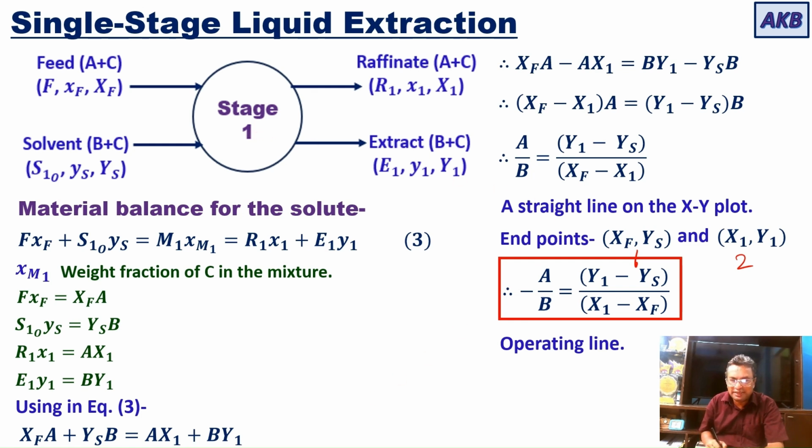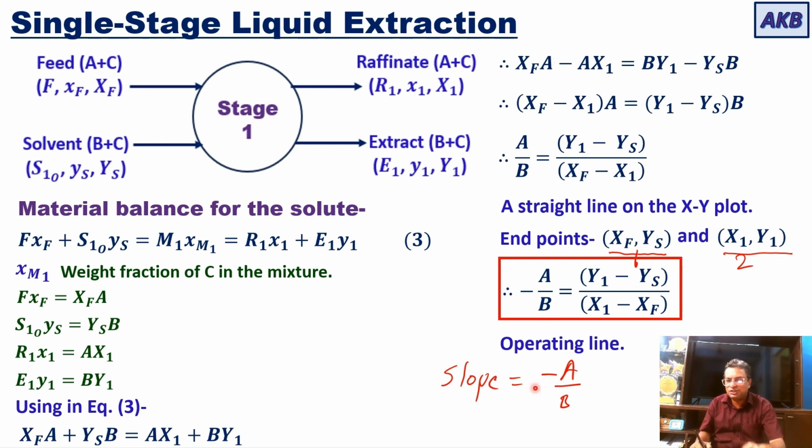So for this line, slope is minus a upon b. So it is a line of negative slope, and it will have the endpoints xf ys and x1 y1. So these are the endpoints. And what is the slope? Slope is minus a upon b.